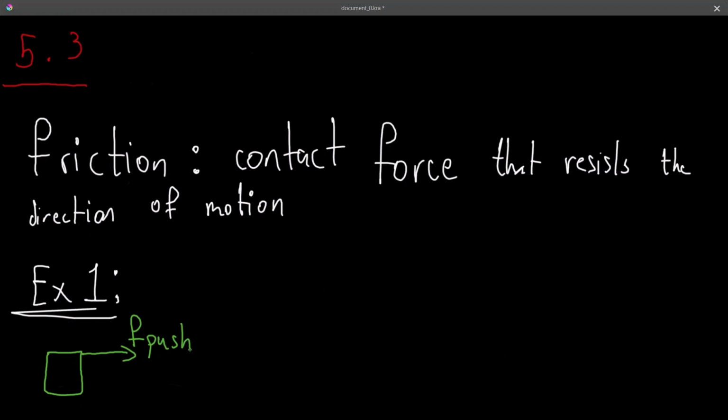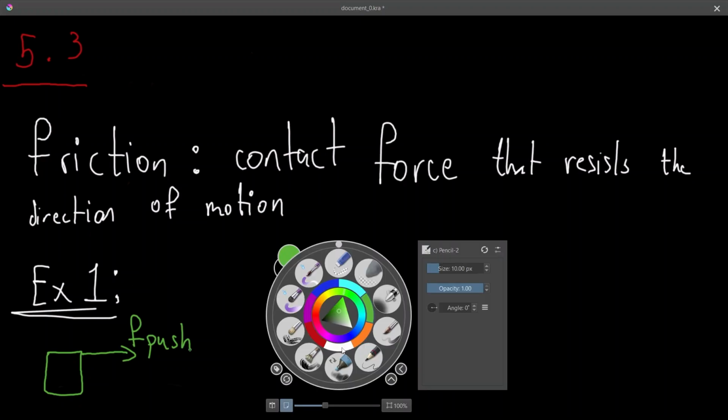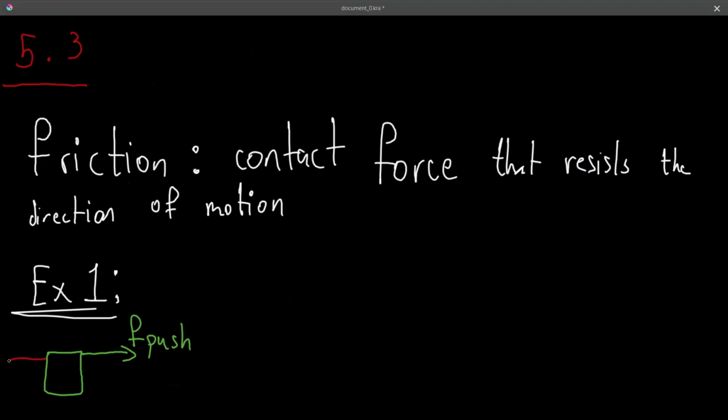So this box is going to the right, and the net force of the box is to the right. So then friction will act on this box to the left. It will be opposite the net force or opposite the direction of motion.